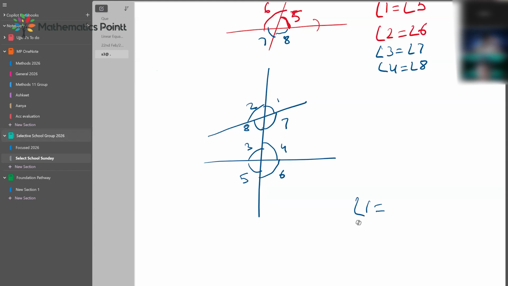I'm seeing the responses. Everyone should be putting this onto the chat, please. I'm just asking, angle 1 is equal to? Only one or two of you picked it up right. Angle 1 is not equal to angle 4.